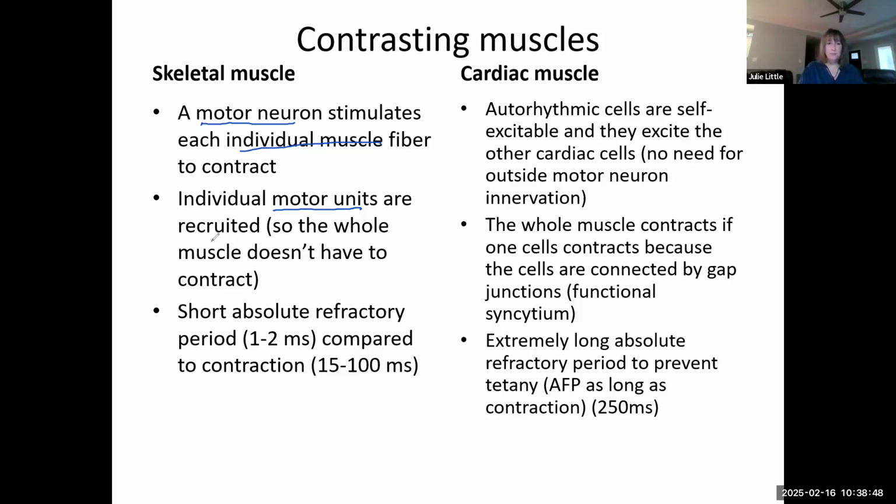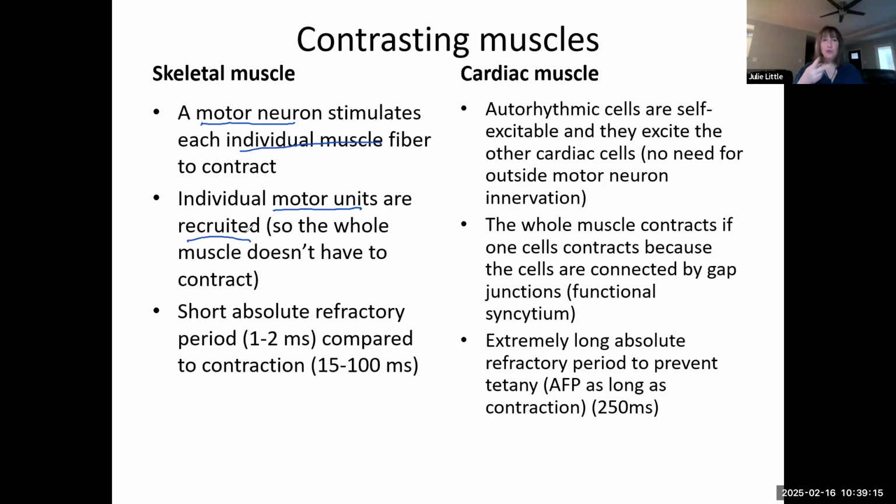And then that way we can recruit more motor units, meaning we can vary the strength of our contractions. If I'm going to lift something very light, then I need a weak contraction and maybe only one motor unit will be recruited. If I'm trying to lift something slightly heavier, say, let's go from the pen to a cell phone, and I'm just trying to hold it here, then we're going to recruit more motor units.